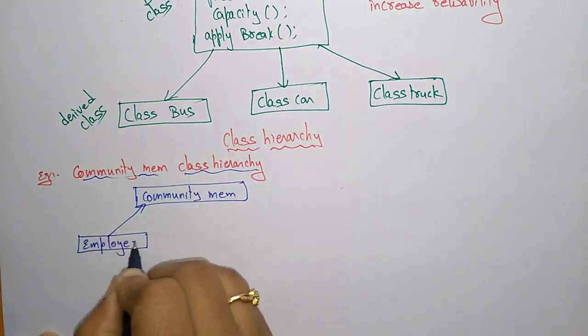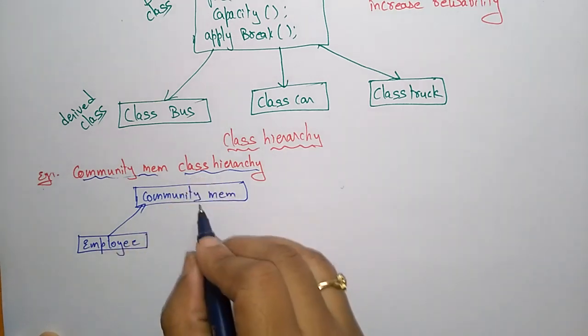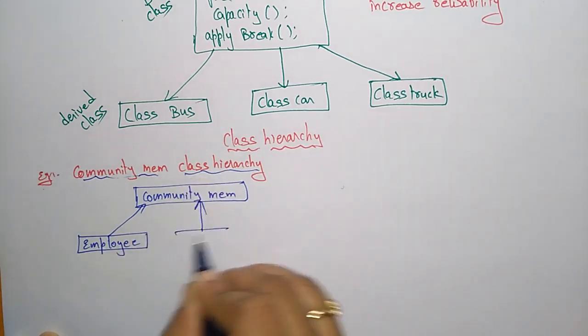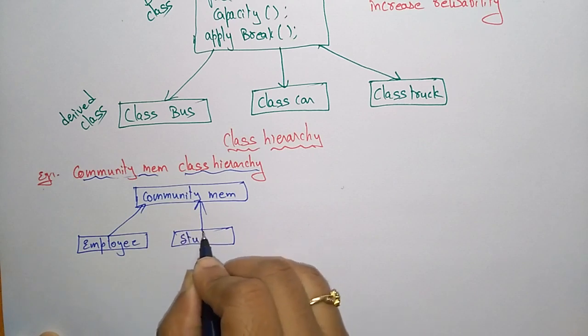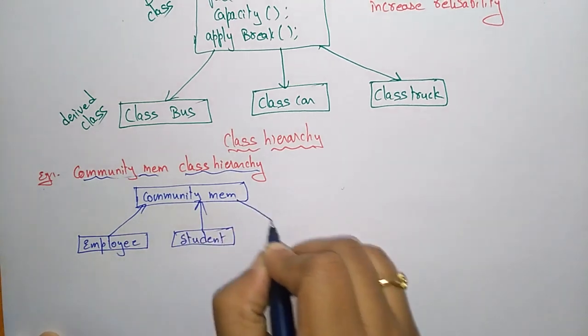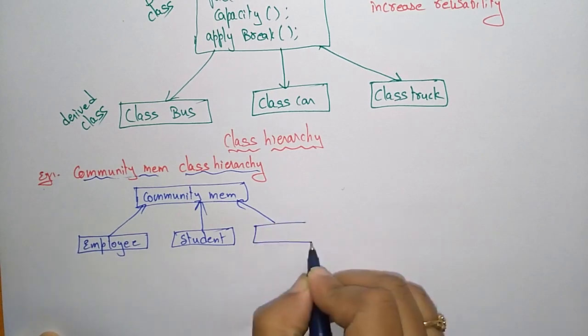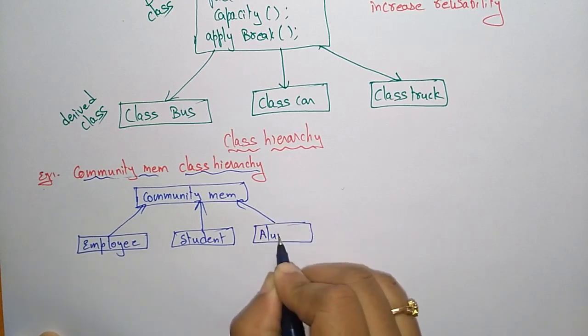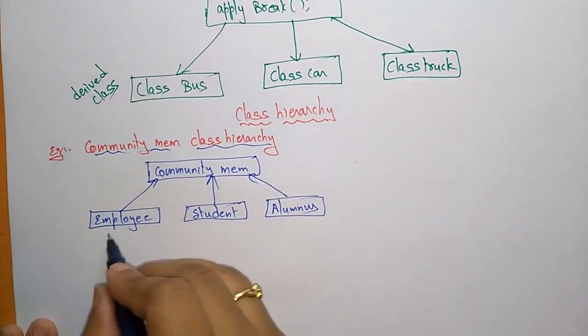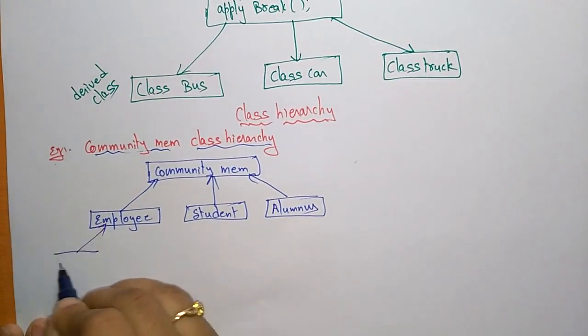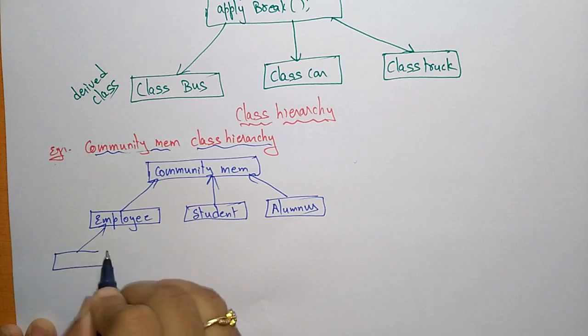So employee inherits the properties of the community member, whereas a student may be a community member, or an alumnus is also a community member. Okay, again this employee may be a faculty or a staff.